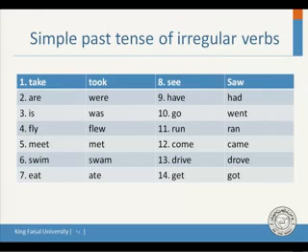Meet, met. Swim, swam. Eat, ate. Have, had. Go, went. Run, ran. Come, came. Drive, drove. Get, got. So we have 14 verbs in the present and in the past. Try to make sentences using these verbs in the past.